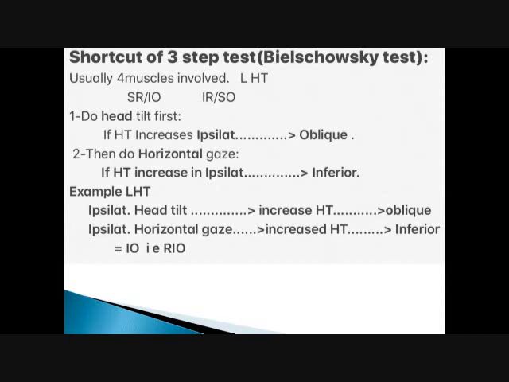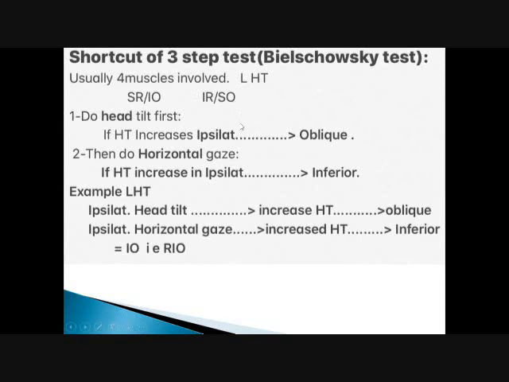One, we always identify which eye is hypertropic. For example, in left hypertropia, there may be these 2 muscles on the right side and the left side. So there are a total of 4 muscles, any one of which can be paretic.